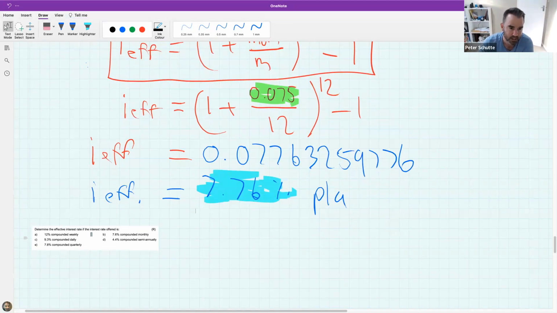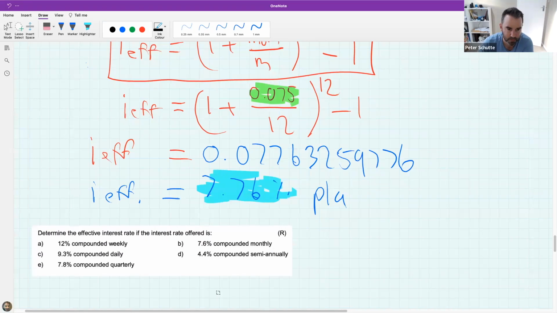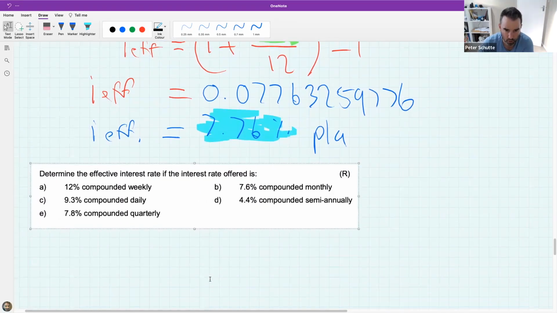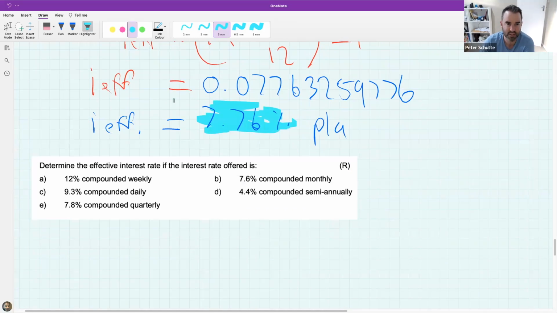So let's try this. I want to know what is the effective rate, and I'll write the formula up now, for this compounded monthly. So I want to do that one. I want to know this compounded weekly. Let's start with those two.